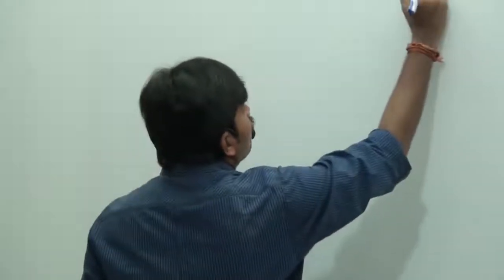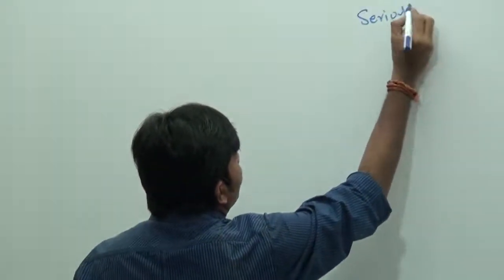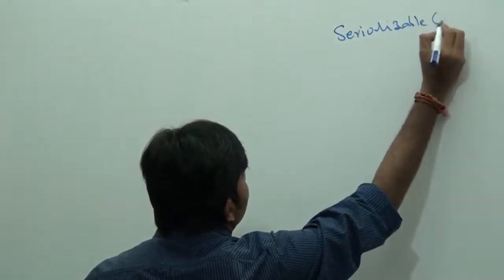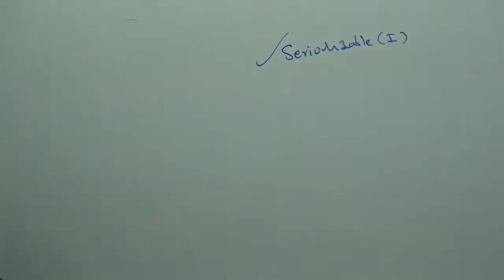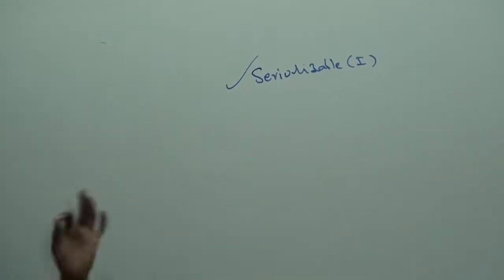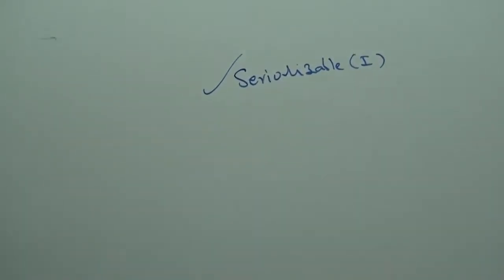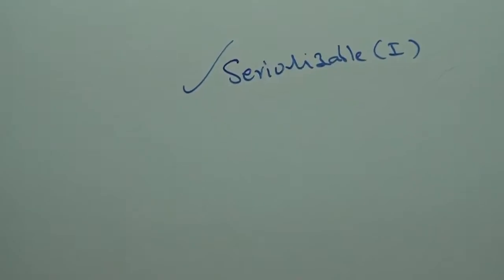To provide support for this requirement, every collection class, maybe ArrayList or LinkedList, Vector, Stack or TreeSet, every collection class already implements the Serializable interface. Are you getting it right? Every collection class. So is ArrayList serializable or not? Yes. Is LinkedList serializable or not?